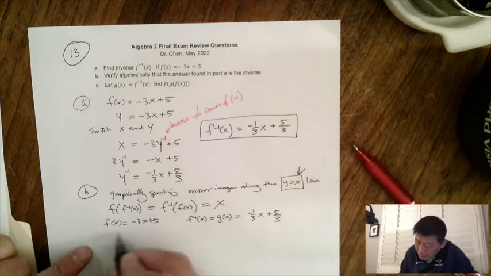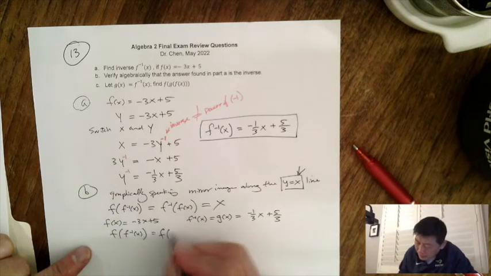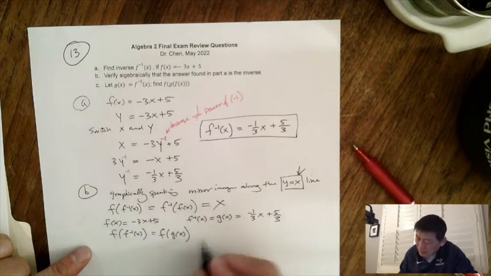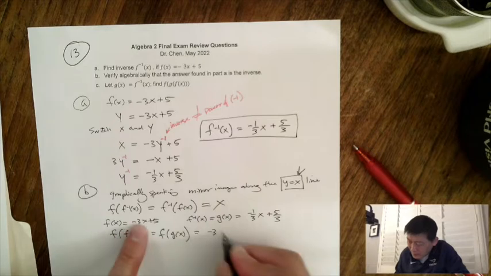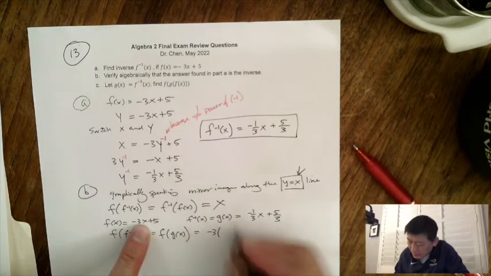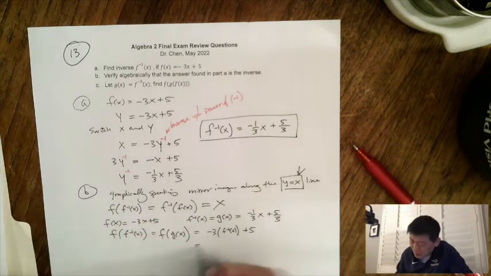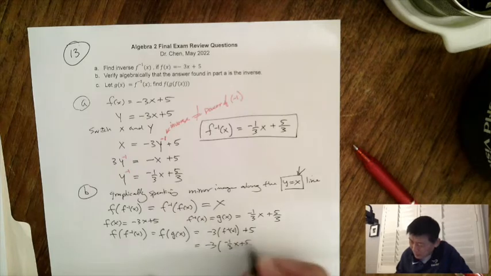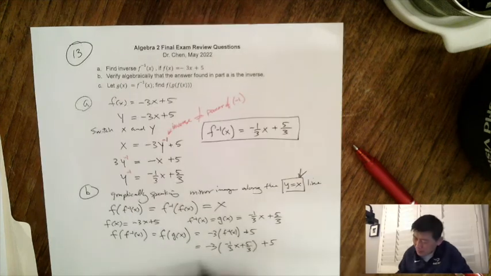So if I want to do f of inverse f of x, which is exactly the same as f of g of x, then let's do that. It's negative 3 times, instead of x, the inverse, negative 1/3 x plus 5/3, which we just found, plus 5.